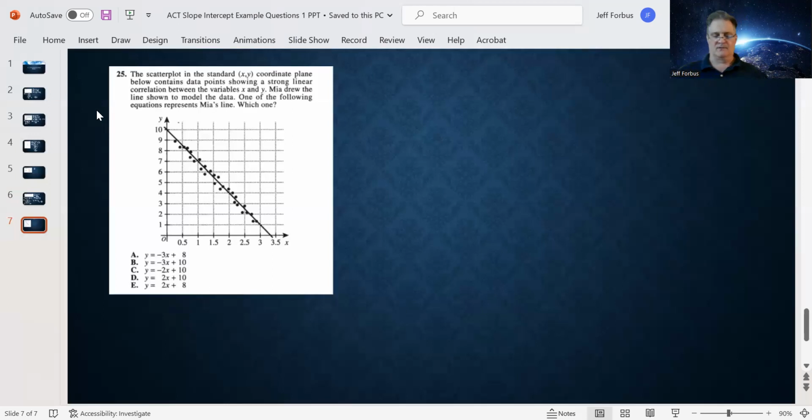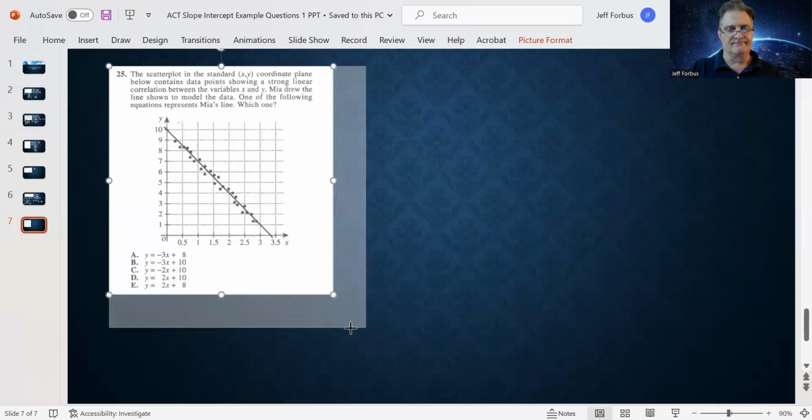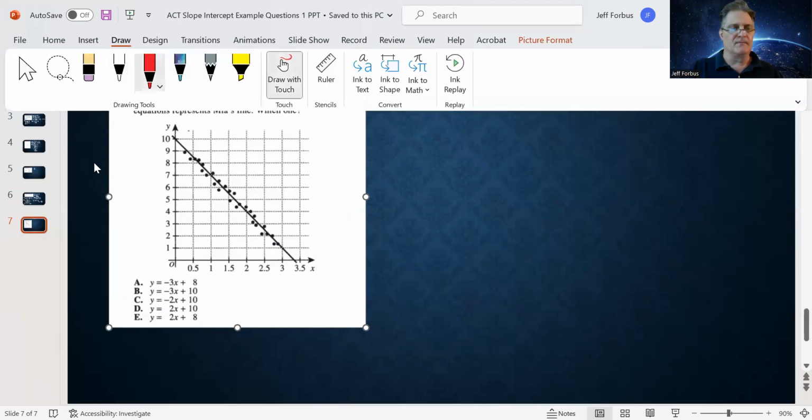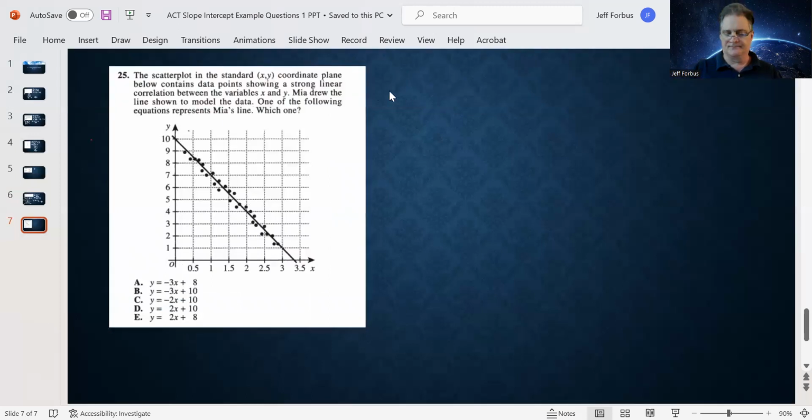Which one? All right, so I'm going to try expanding this just a little to make it a little bit larger, because we're going to have to do some drawing on the graph. Let me change my pen tip color.